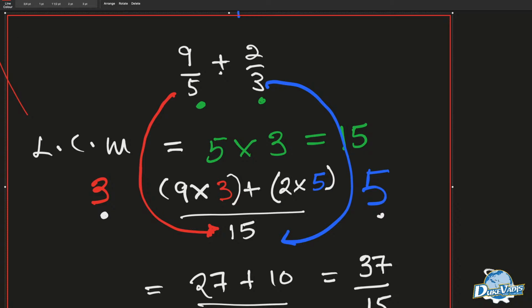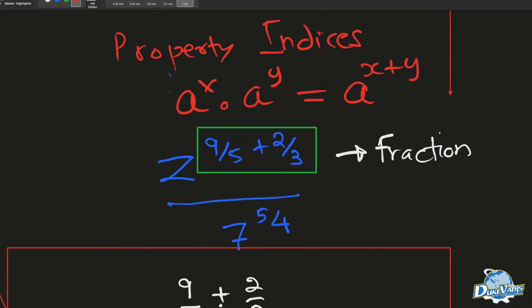So we'll go back and substitute it into our equation.